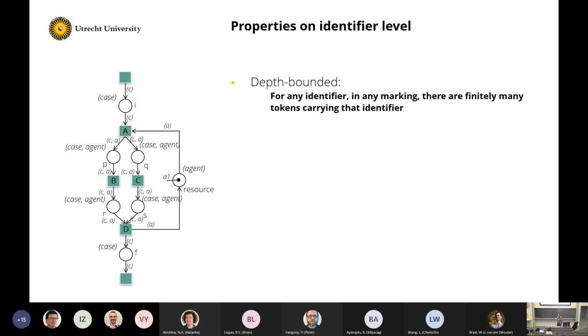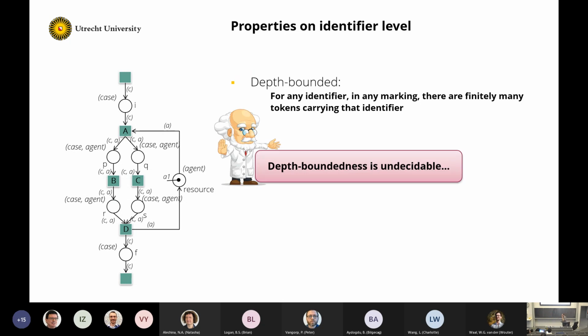It says each instance needs a bounded memory. There can be infinitely many identifiers, but for each identifier, it is bounded. That's the whole idea of depth boundedness.